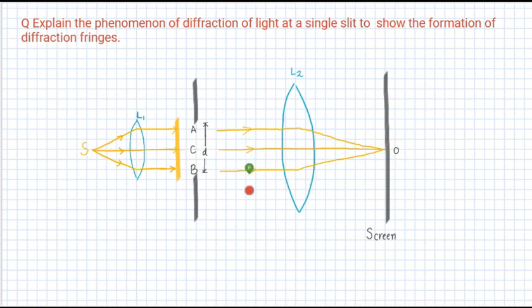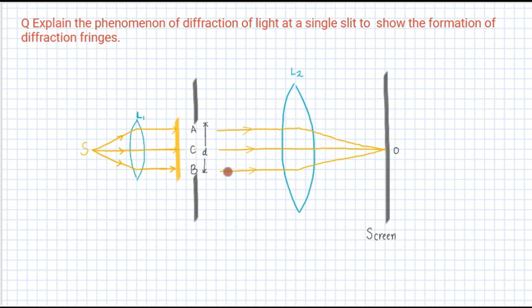Now if you notice the light coming from your point A and the light coming from your point B, they are traveling the same distance. In such a case, there will be no path difference.